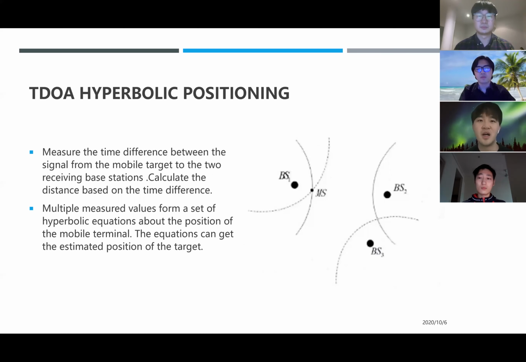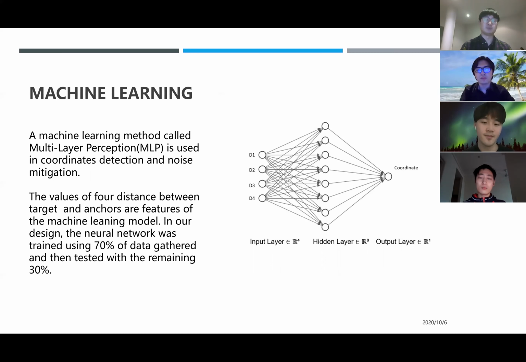Each point on the hyperbola represents the same distance difference between the 2 base stations, so the intersection of the 2 curves is the position we want to know. For a moving target, to measure the distance difference over a series of time, we can calculate the way the target moves or the phase. The final method is the machine learning method.